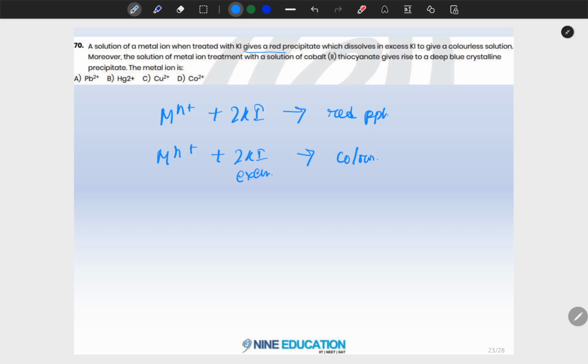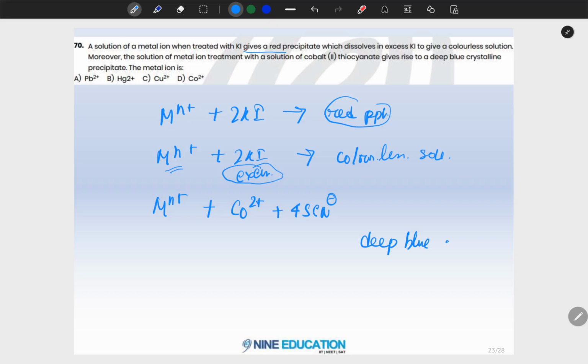So when treated with KI, it gives a red precipitate, but when the same metal is reacted with excess KI, I am getting a colorless solution, right? Now again, when I treat this metal ion with cobalt 2 thiocyanate, I am getting a deep blue crystalline precipitate.